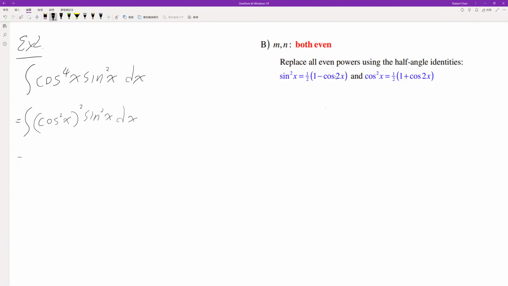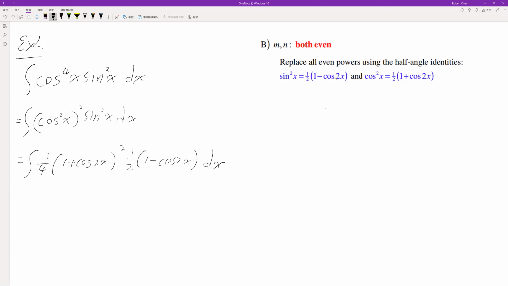All right, so let's see. Cosine squared can be written as 1/2 (1 plus cosine 2x). So that'll be 1/4 times (1 plus cosine 2x) squared, and sine squared is 1/2 (1 minus cosine 2x) dx.